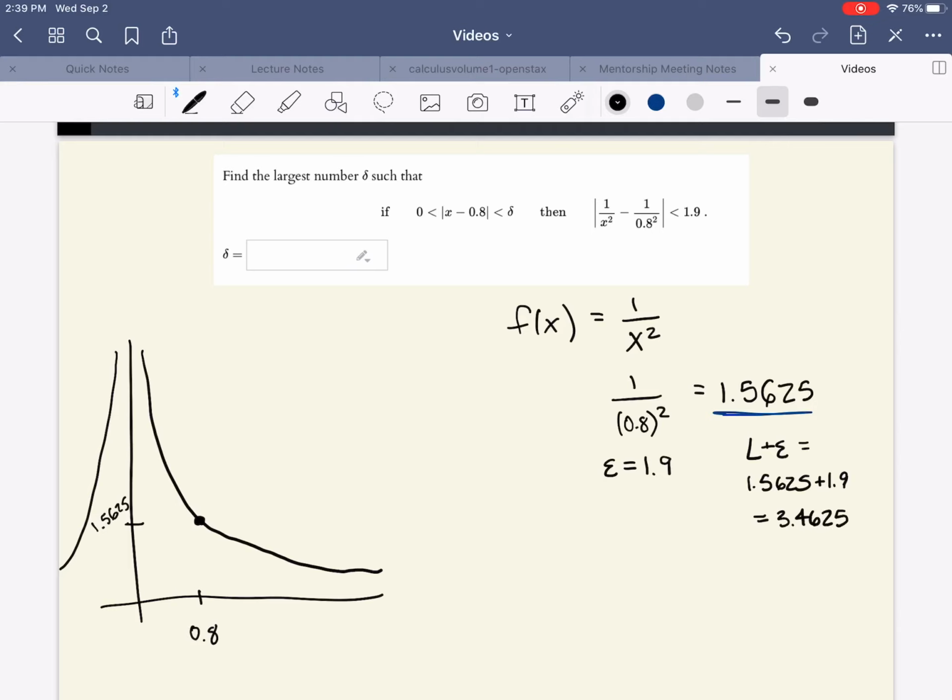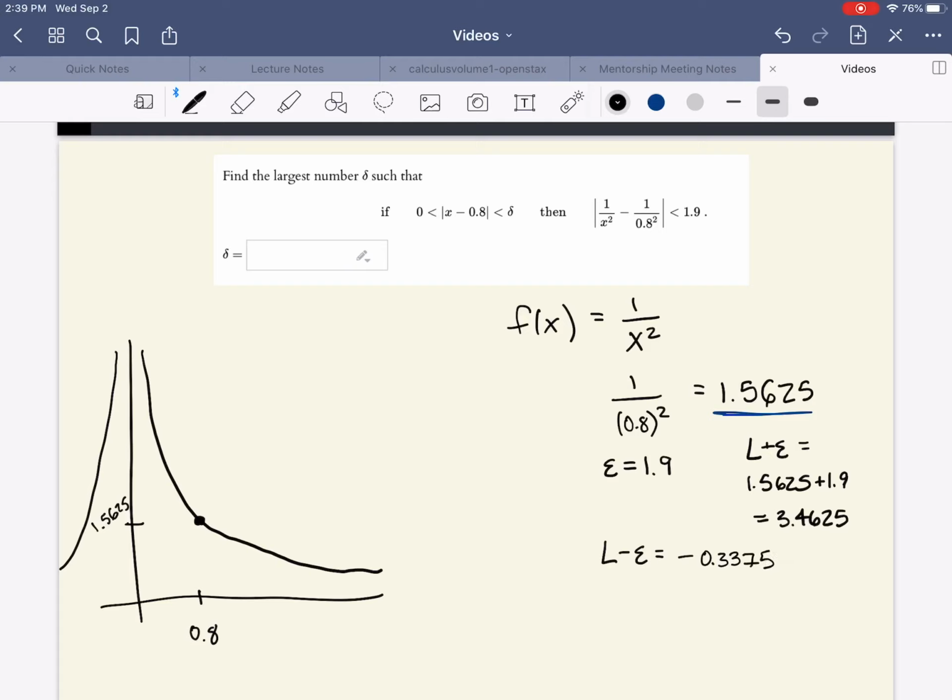I can do that one in my head because it's like adding 2 and then subtracting a tenth. And then if I subtract it, L minus epsilon, well, that one's a little bit trickier. That's going to end up going negative, right? So we get 1.5625 and we're subtracting 1.9 and we wind up with negative 0.3375.